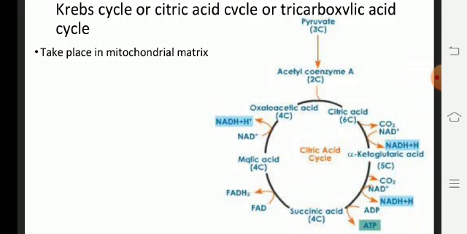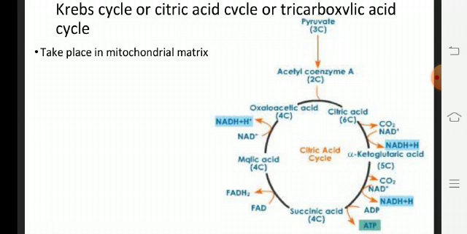First is acetyl coenzyme A. Just observe this schematic representation. Acetyl coenzyme A is a 2-carbon compound. This acetyl coenzyme A combines with oxaloacetic acid, a 4-carbon compound.